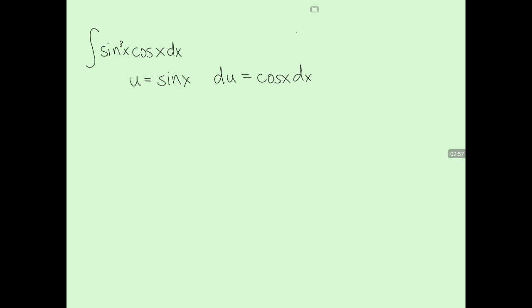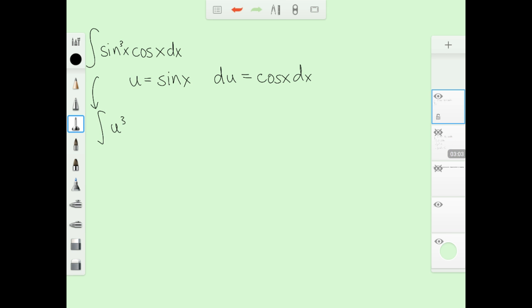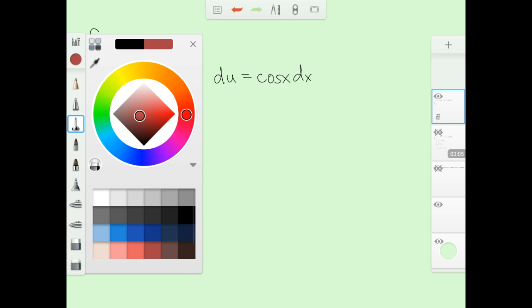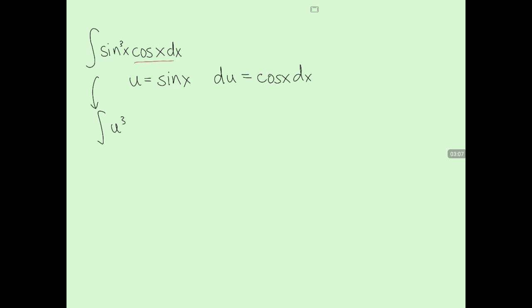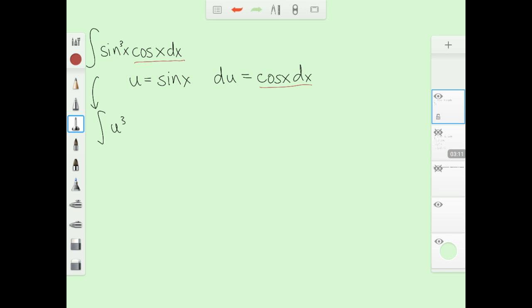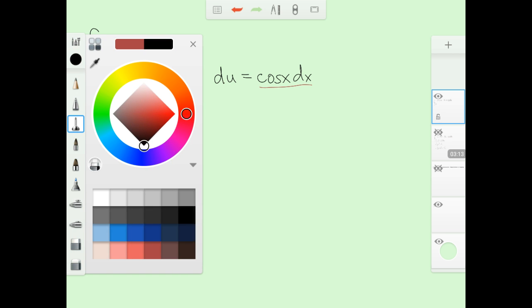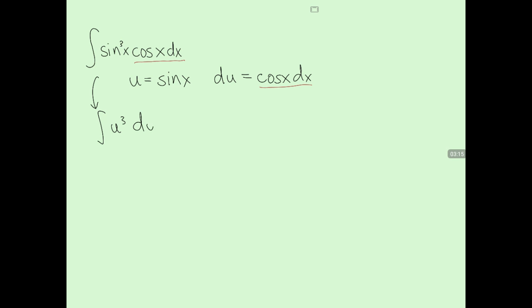Our integral can be rewritten as u cubed, and the cos x dx can be replaced by du.